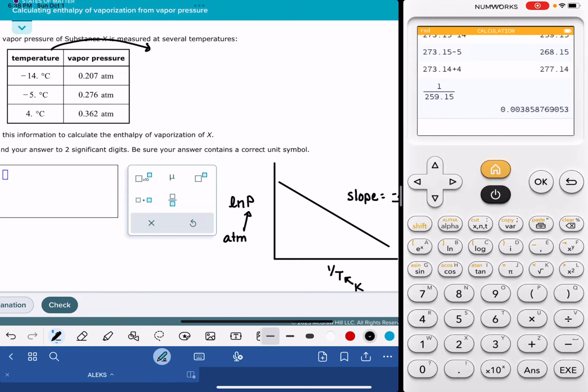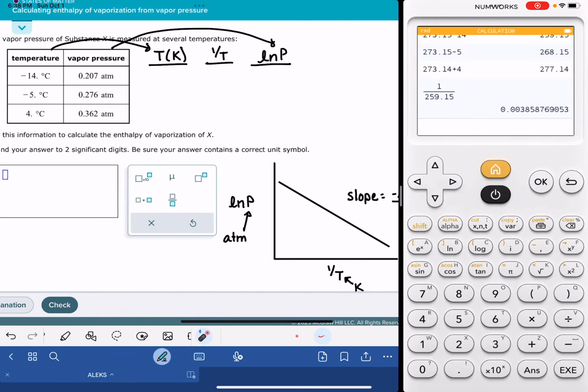I'm going to start by converting my temperature into units of Kelvin, and while I'm doing that, I'm also going to do my 1 over T calculation. And then after that, we're going to calculate our natural log of pressure. I'm just going to be leaving units off of all of these numbers.